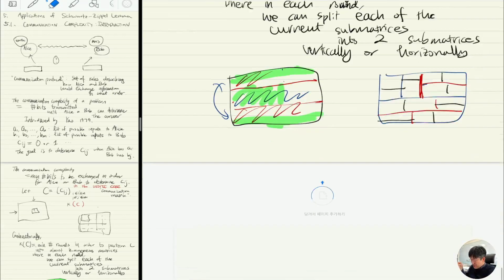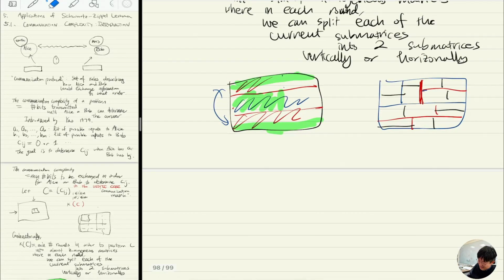So what is almost homogeneous? That's the status where Alice or Bob knows the answer.